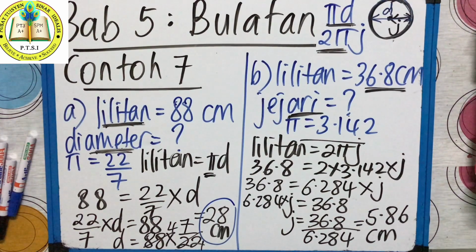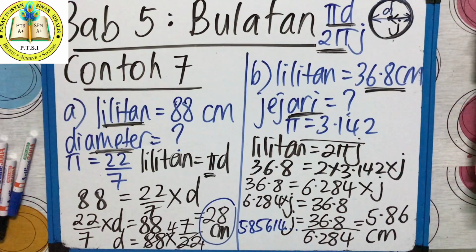Okay, now you just press calculator now, check and see what value do you get. 36.8 divide 6.284. You get the answer 5.8561. Panjang, teacher write in the blue marker here. 5.85614. It's a very long answer.